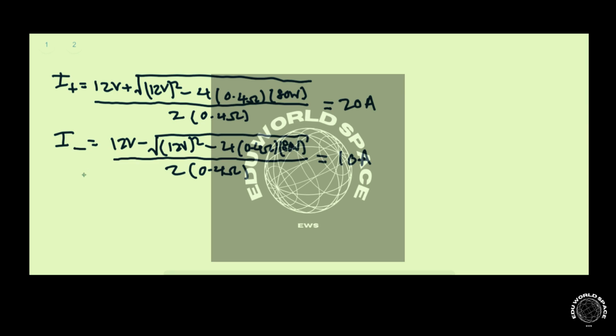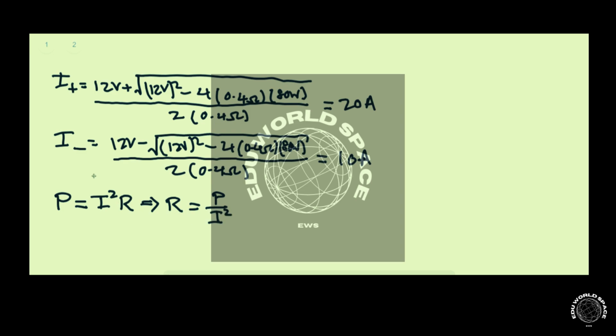Okay, so now we're in a position to find the resistance. So we'll use this equation. So the power dissipated is equal to I squared times R. And here we can isolate R, and we can say that R is equal to P over I squared.